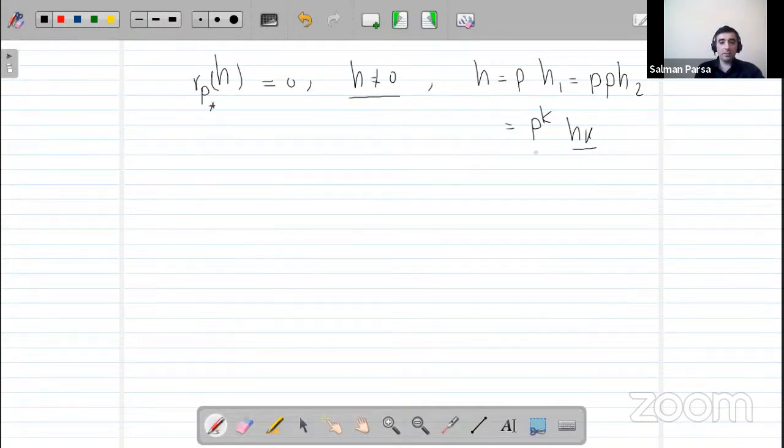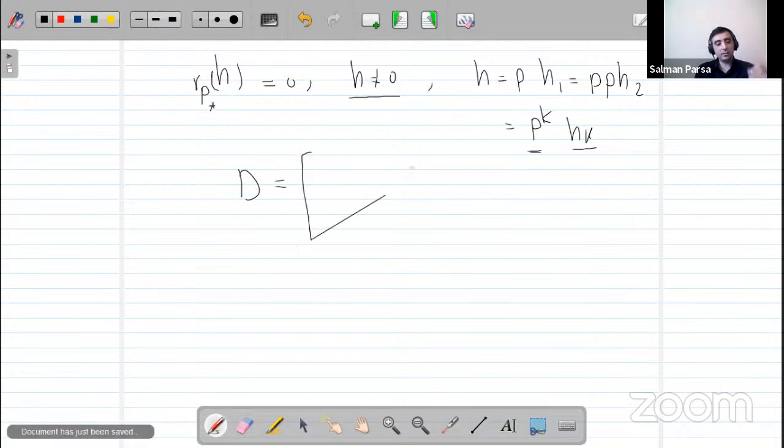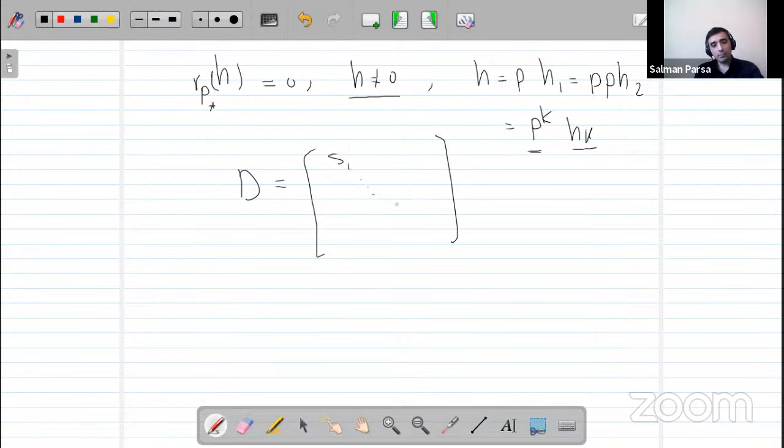The maximum number that can appear here is, if we write D in the Smith normal form, the diagonal form, the max that can appear here is the product of the diagonals, because remember, these are torsion classes.